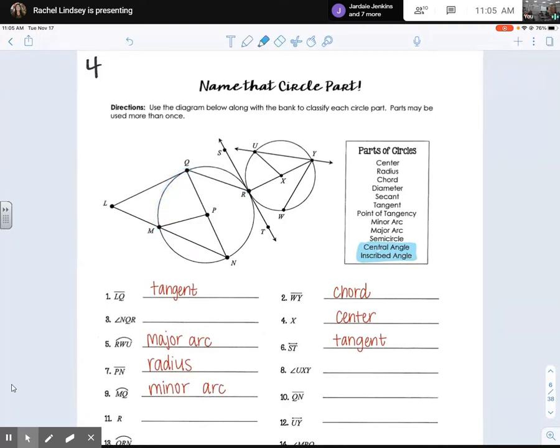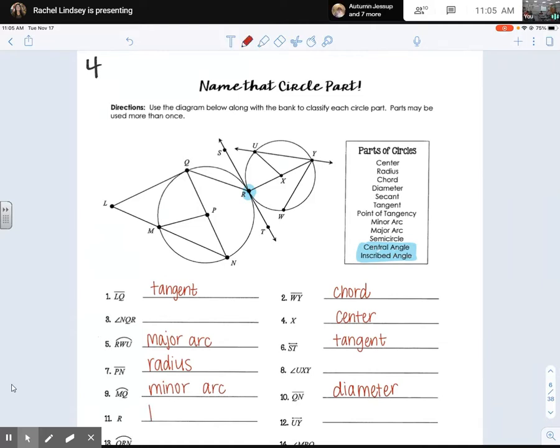Okay. Then QN. What would that be? Diameter. Then point R. Point of tangency.